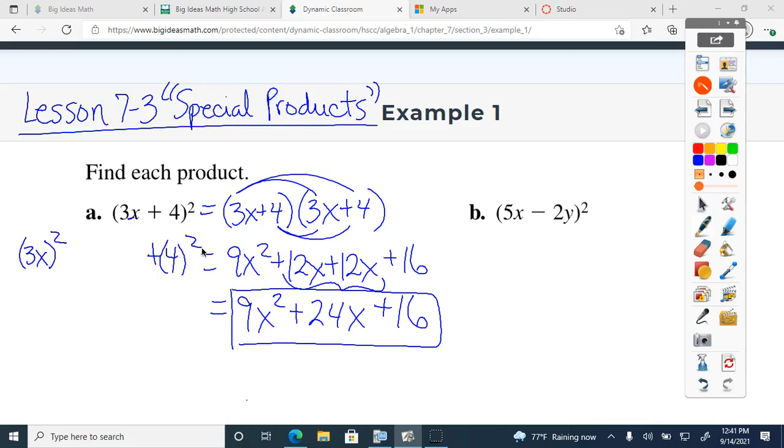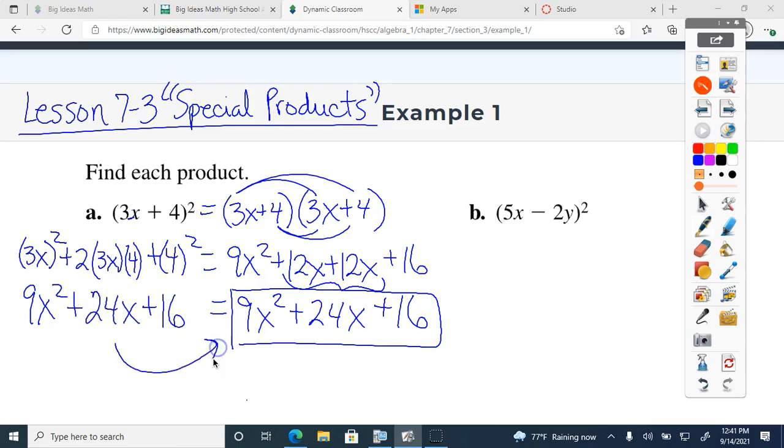And in the middle, saying 2 times those times each other, 3x times 4. And that works every time. So this would be 9x squared plus 2 times 3 times 4 is 24x plus 16. Same answer, just a little quicker and less writing.